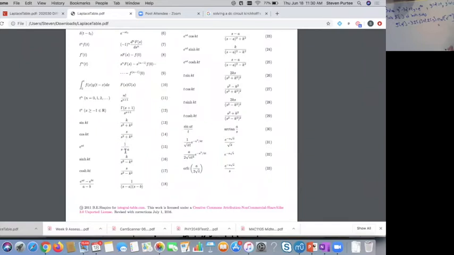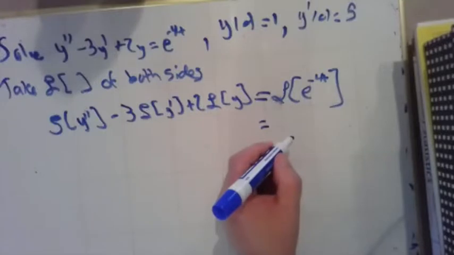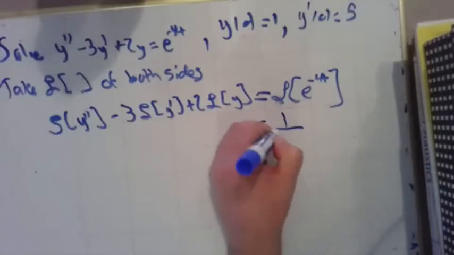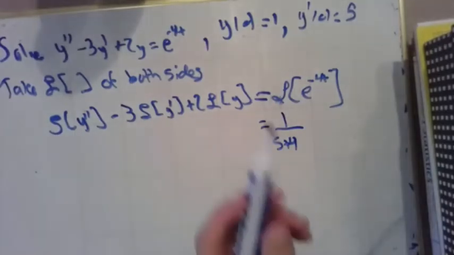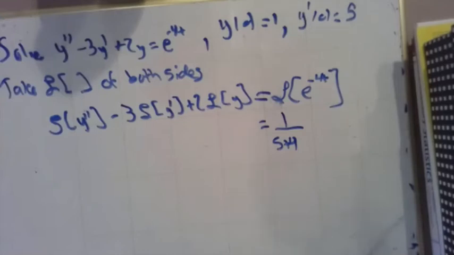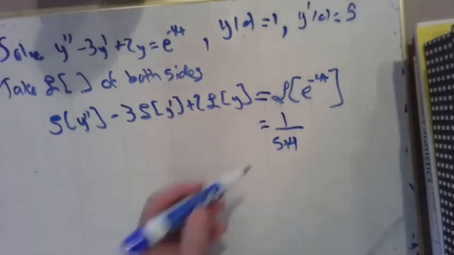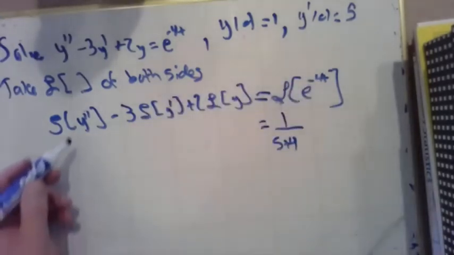So in the one we have, a is negative 4. So on this side, we'll just get 1 over s plus 4. We don't have to do these by hand anymore. Assume we've proven everything on that table. So we just look it up in the table.